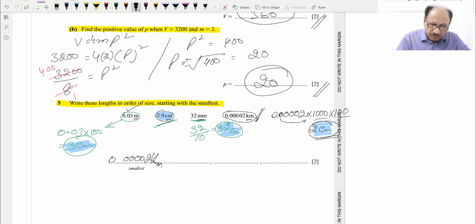And the second number will be 2.9 centimeters, and third number will be 0.03 meters, and the last one will be 32 millimeters. And this is for 2 marks, which we have done.